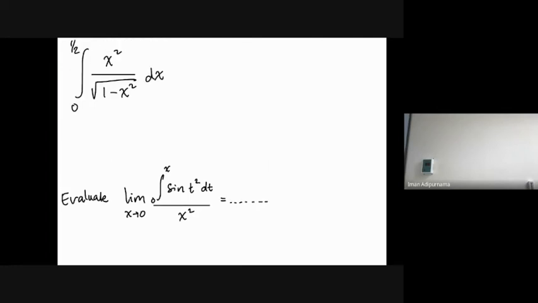And this is the second question. And how about the first question? Anyone solve? If you can solve the first one, can you raise your hand?